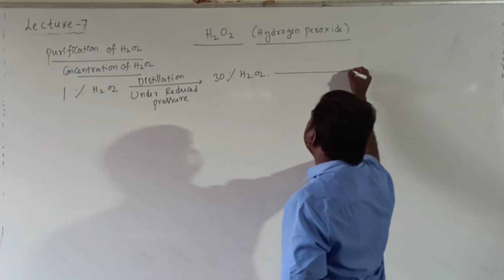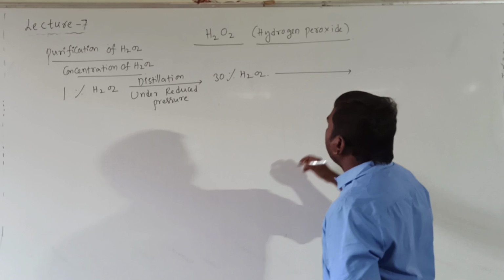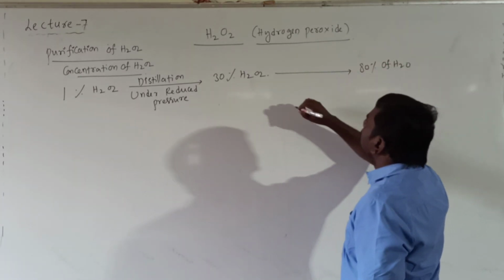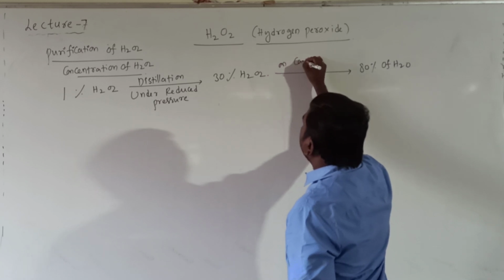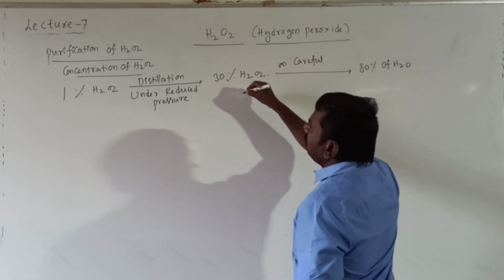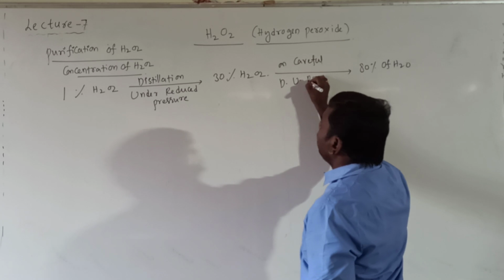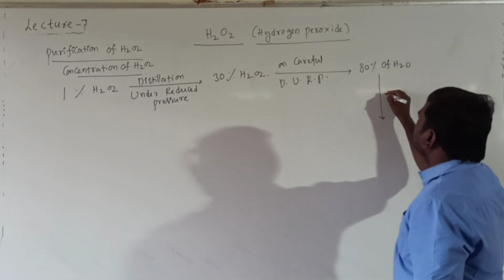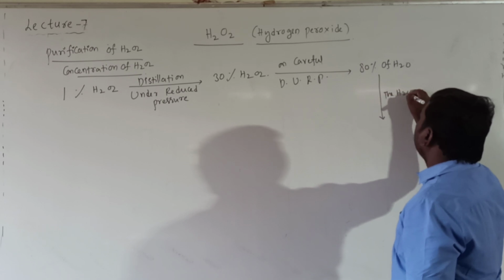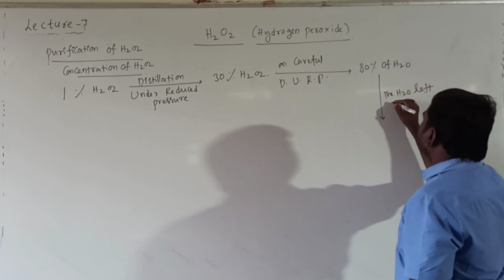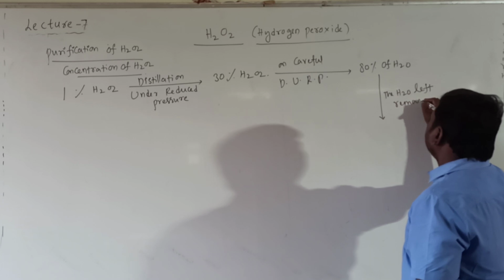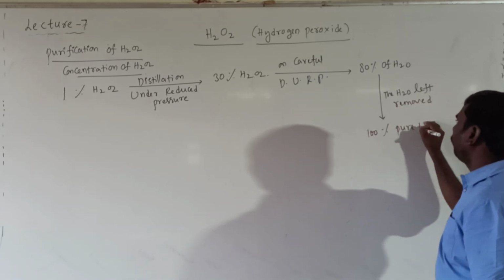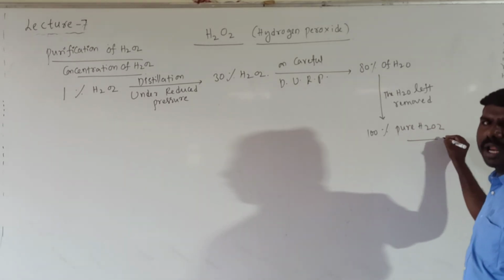The 30% H2O2 is again converted into 80% H2O2 on careful distillation under reduced pressure, and the water left should be removed, then we will get 100% pure hydrogen peroxide.